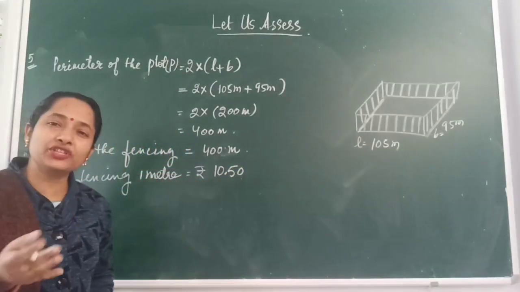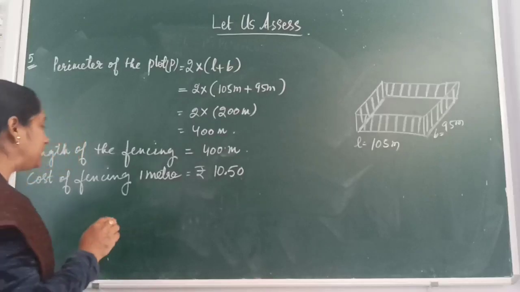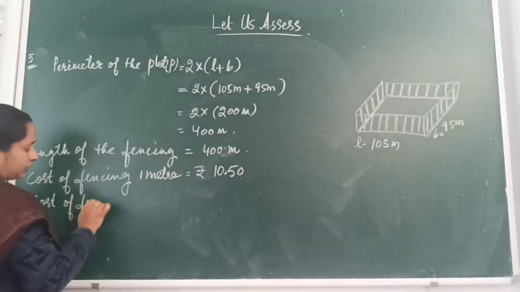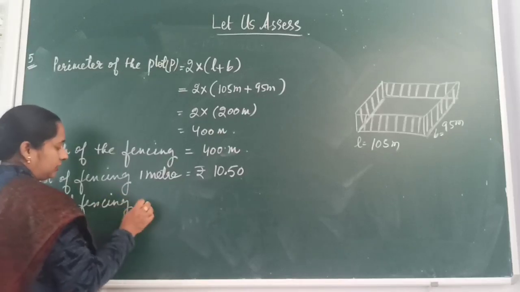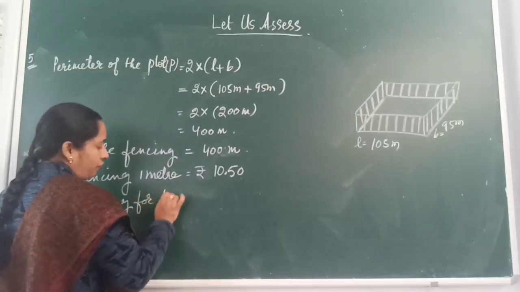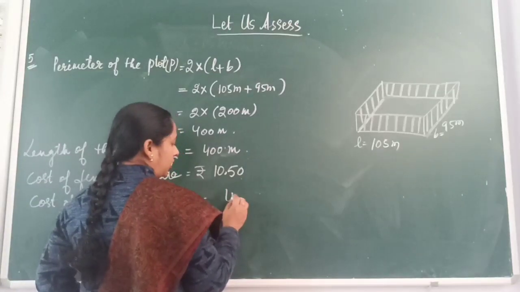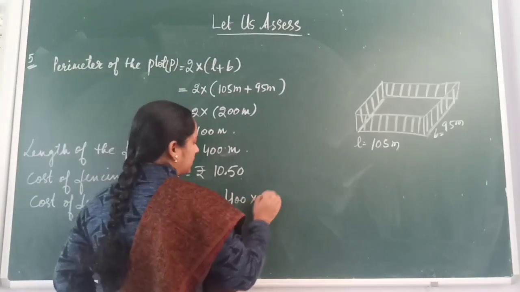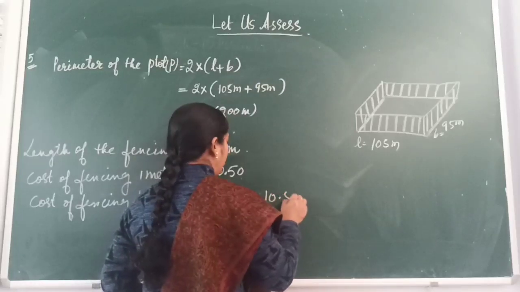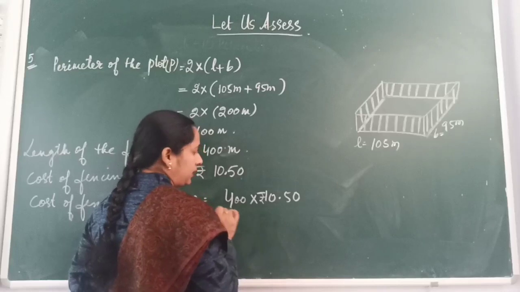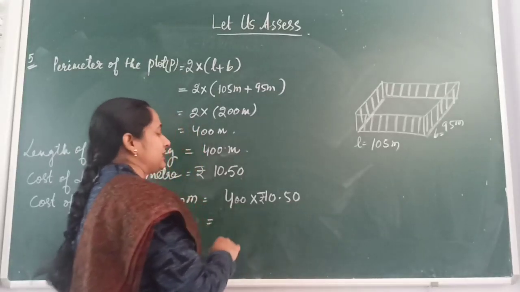Then what is the cost of fencing for 400 meters? Cost of fencing for 400 meters will be equal to 400 multiplied by 10 rupees 50 paise. So you multiply this and find.